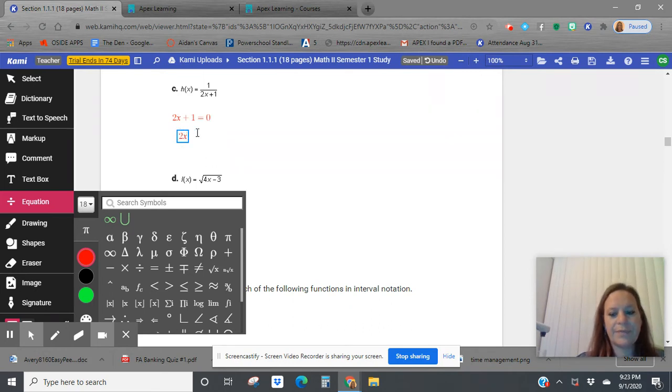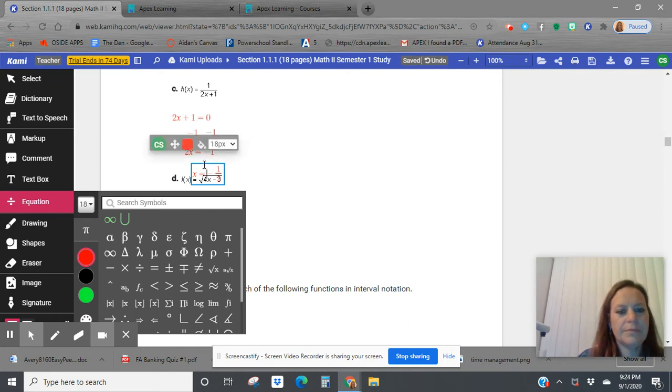So 2x, first of all, if I subtract 1 from both sides, and then we divide both sides by 2, we're going to be left with x equal to negative 1/2. So now I cannot have x equal to negative 1/2.